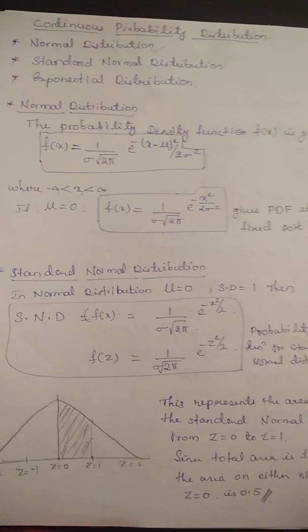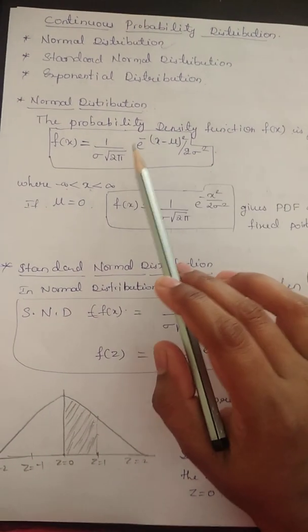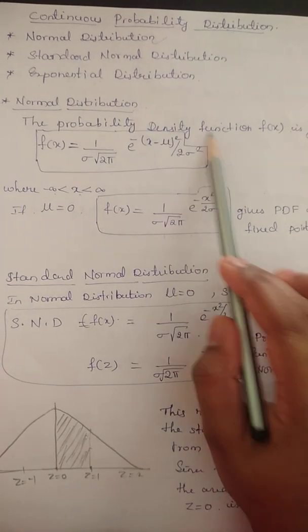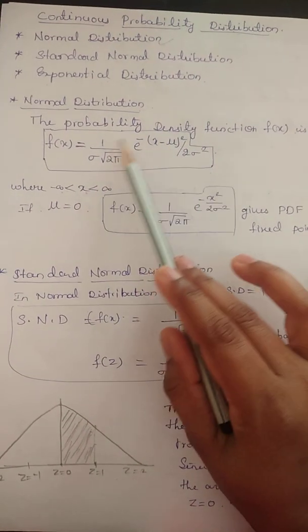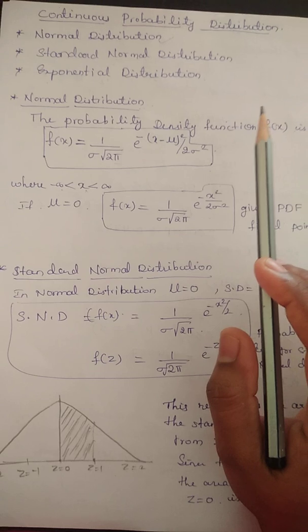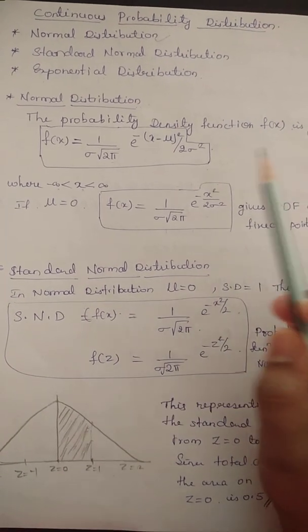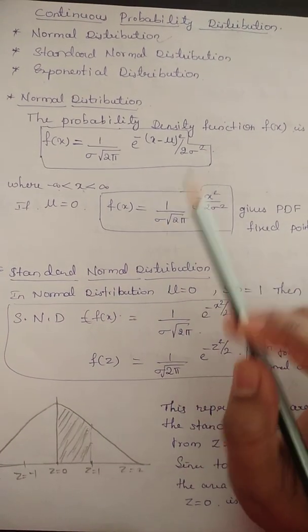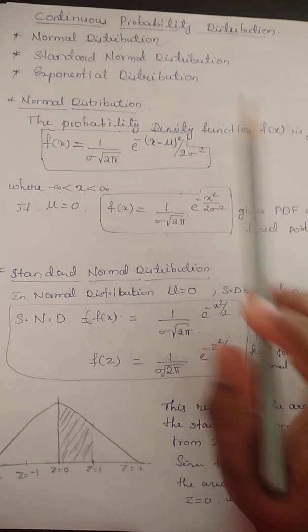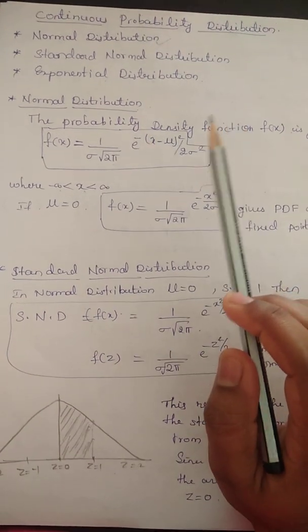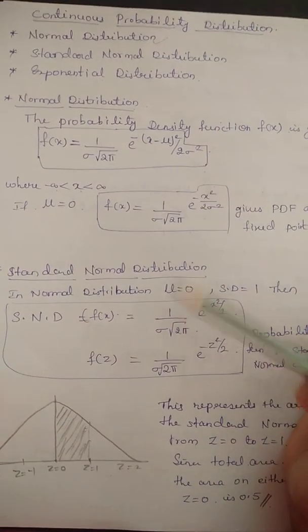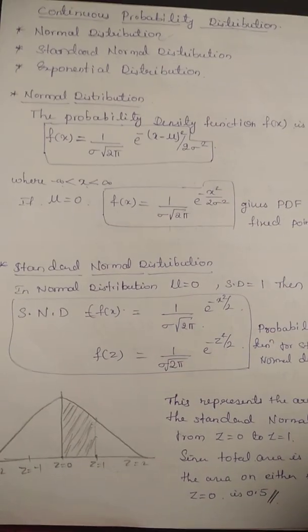The right side of the probability density function cannot be integrated by normal integration methods, so some methods have been given to solve the normal distribution. Those methods I will explain while solving the problems.